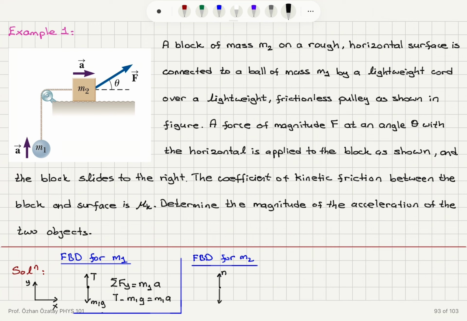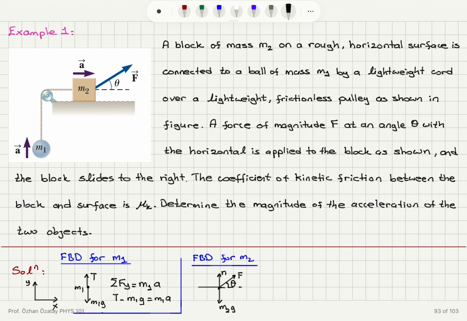So this is m2 times gravitational acceleration g. Now obviously we're applying a force F at an angle theta with respect to the horizontal surface. F at an angle theta is applied to this point. And we also have tension acting on it.